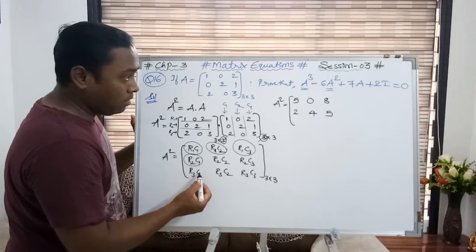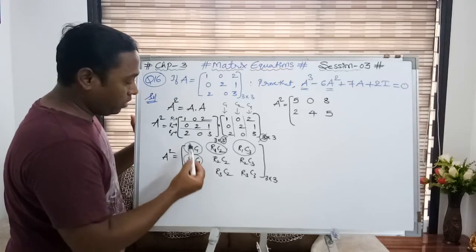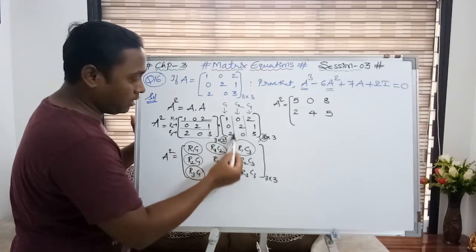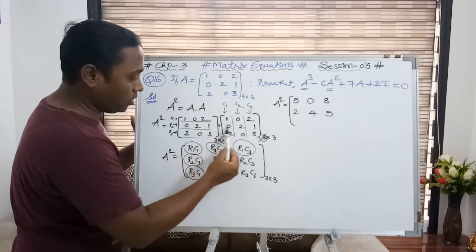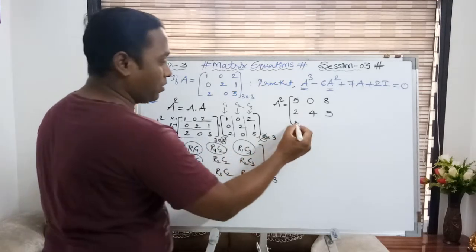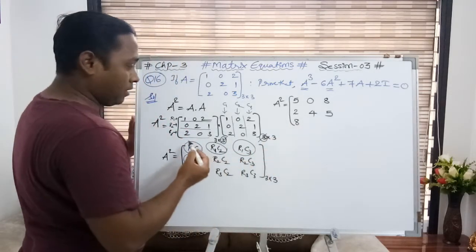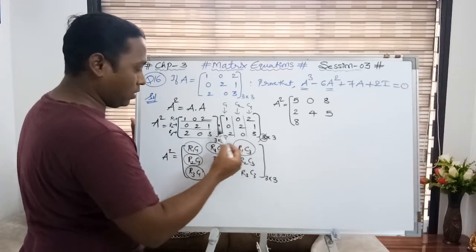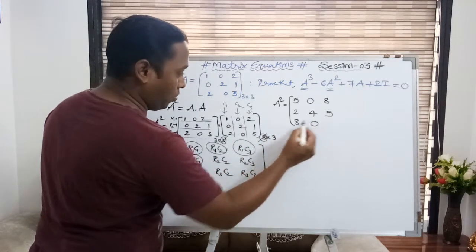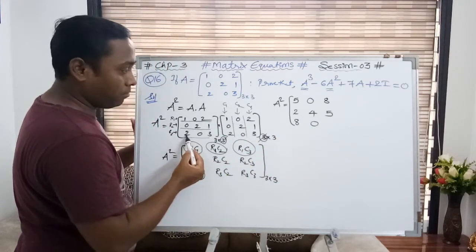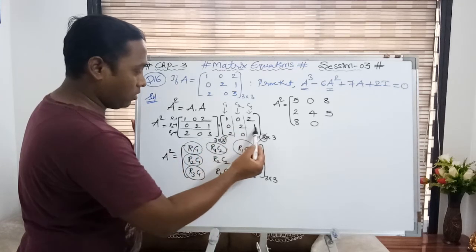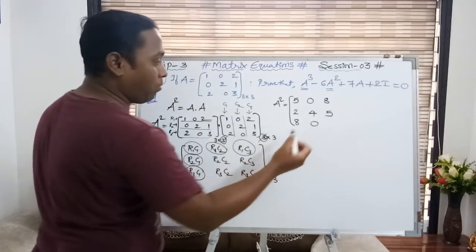Then I'm looking for R3 into C1. So R3, row 3 and C1. So 2 ones are 2, 0s are 0, 6 are 6. 6 plus 2 is 8. Then multiply here, 0, 0, 0. It's 0 only. Then 4, 0, 9. 9 plus 4, 13.